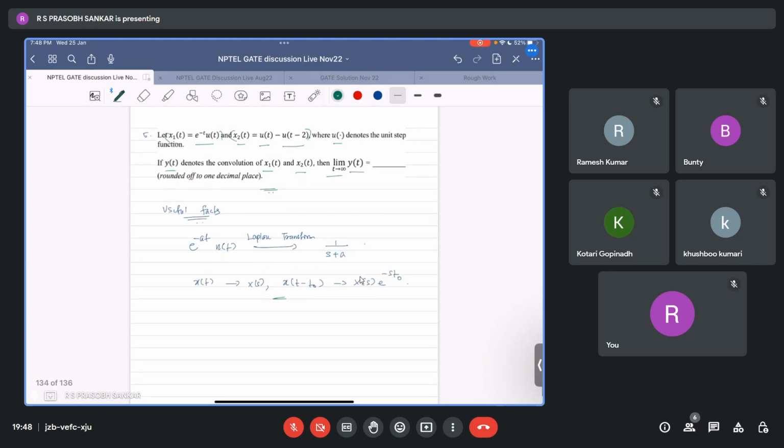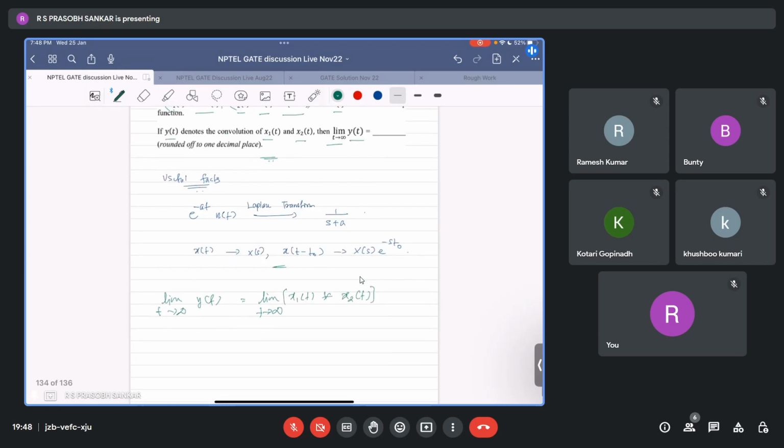So what do we need? The question is clear, right? Yes, sir. Okay, thanks. So we have the limit of t going to infinity of y(t). This is the same as the limit of t going to infinity of x1(t) convolution x2(t), because that is given in the question.